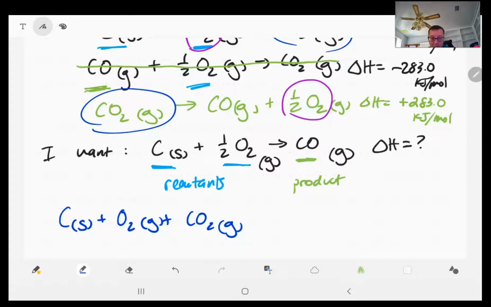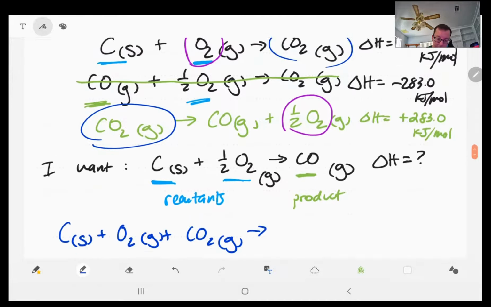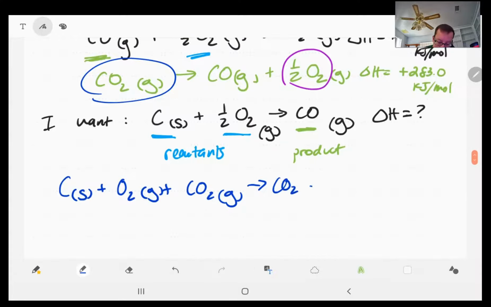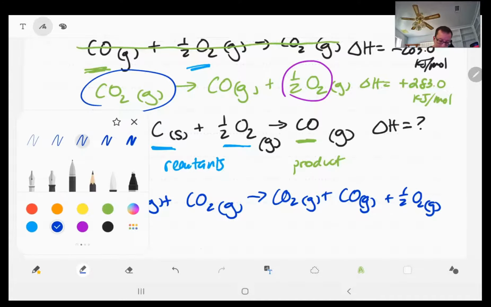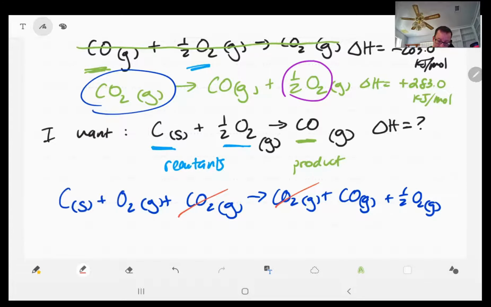Some of this is guess and check. I'm going to add these together and see if I've done enough with these reactions to cancel out whatever I need to cancel out. So right away we can cancel out the CO2s.